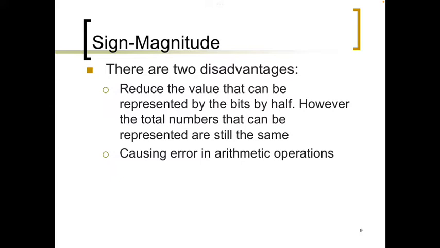Another disadvantage is that sign magnitude causes error in arithmetic operation. That's why, as you can see at the beginning of our content, we have one's complement and two's complement, and these are to solve the arithmetic error that happens when you use sign magnitude.